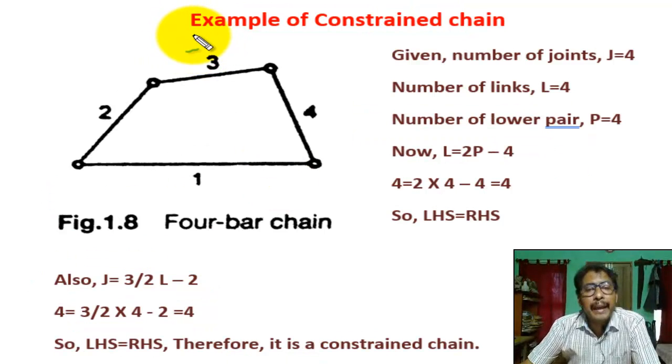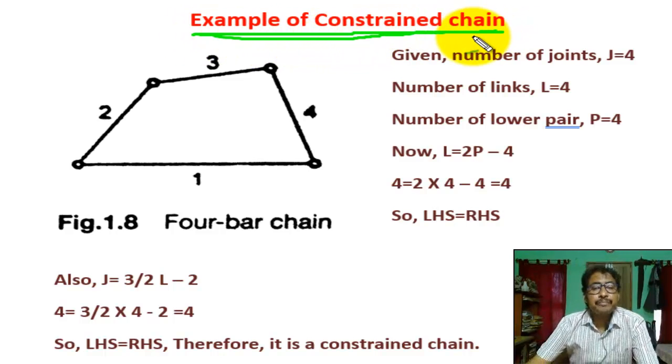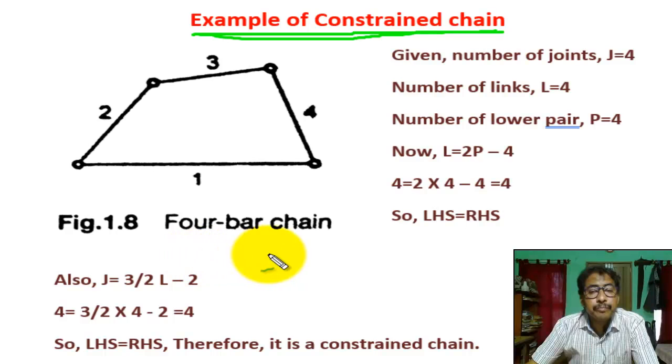Now, example of a constant chain. This is the 4-bar chain. Number of links 1, 2, 3, 4, number of joints 1, 2, 3, 4, number of lower pairs: here there is turning or rotating motion.